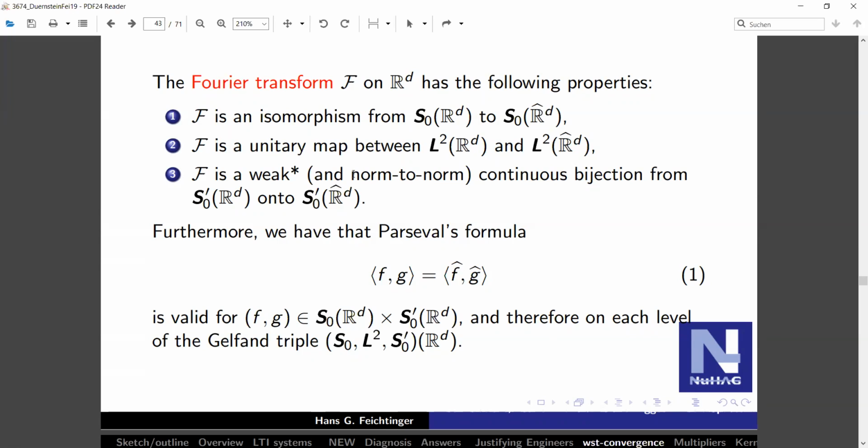So what if you approximate now a general element, could be even a nice function, by discrete continuous functions, and you compute the Fourier transform with the help of discrete Fourier transforms? And the answer is then you would get the continuous Fourier transform.